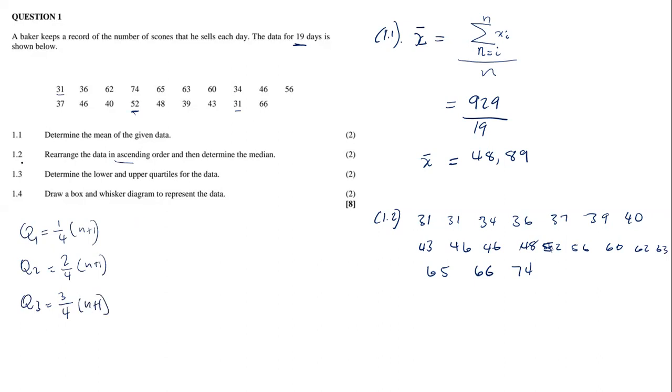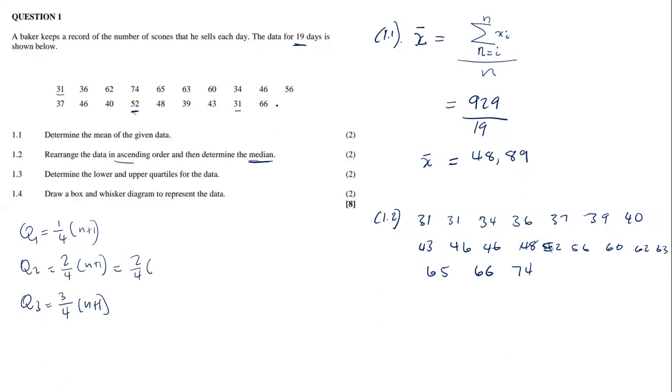For question 1.2, we have rearranged the data in ascending order, and we need to determine the median. Q2 corresponds with our median. If you hate counting, it's fine. You can use these formulas: 2 over 4, and n is the number of terms provided.